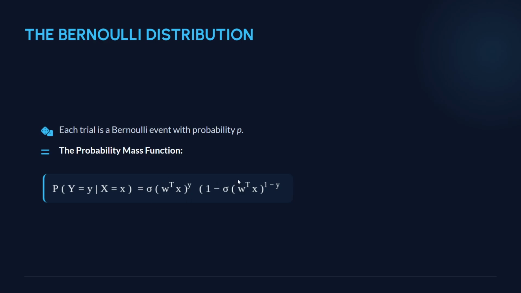This is a type of Bernoulli distribution, because there is a win and failure type of case. So each trial is a Bernoulli event with probability p. Let's take this as the probability of win to the power y, and this is the probability of failure to the power 1 minus y.